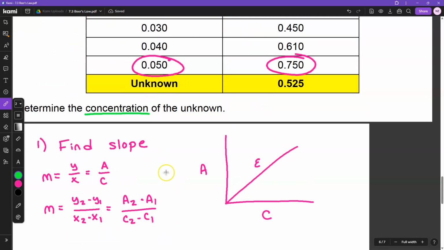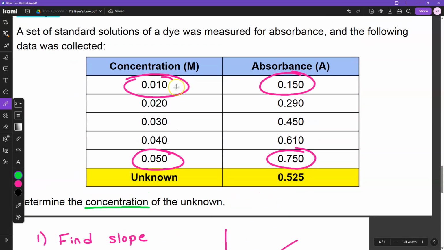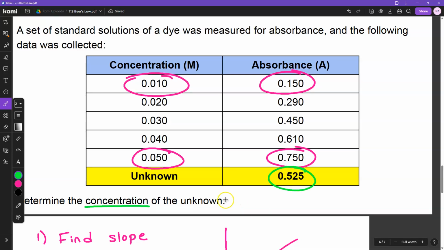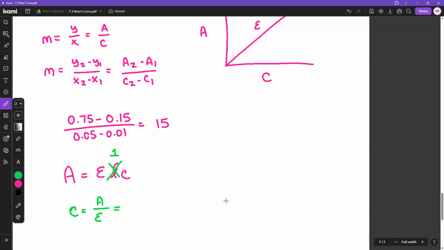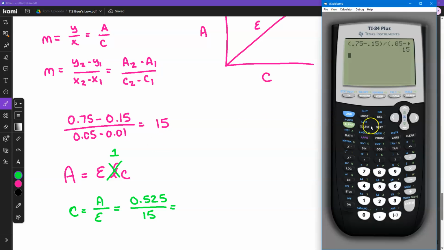So if my absorbance is 0.525, and my molar absorptivity value is 15, what would my concentration be? Well, let's plug this into our calculator. 0.525 divided by 15 gives us 0.035.